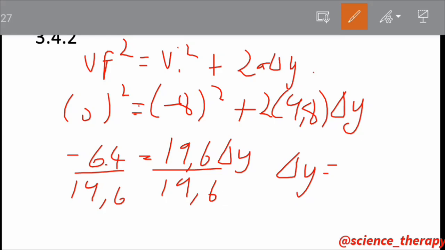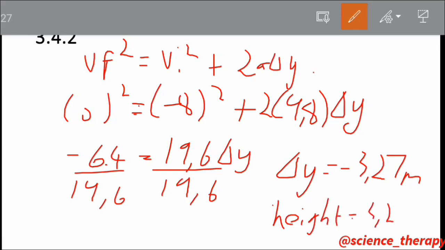We took downward as positive and now the object is going upward. So our delta y should be negative. So we have negative 3.27 meters. But if we write it as height, our height is 3.27 meters.